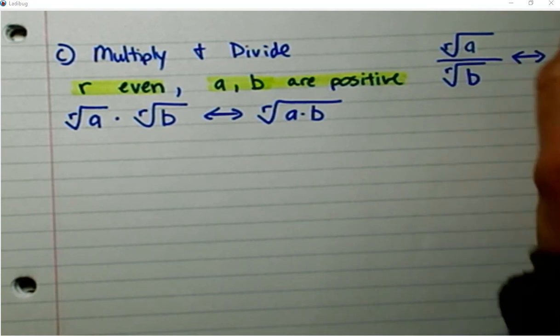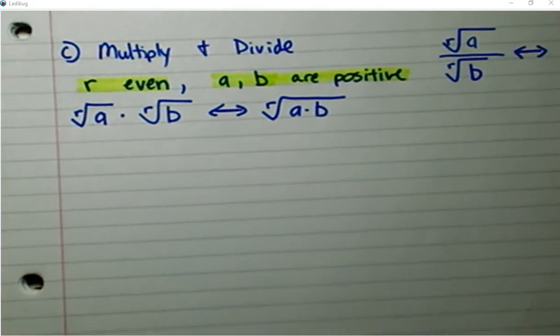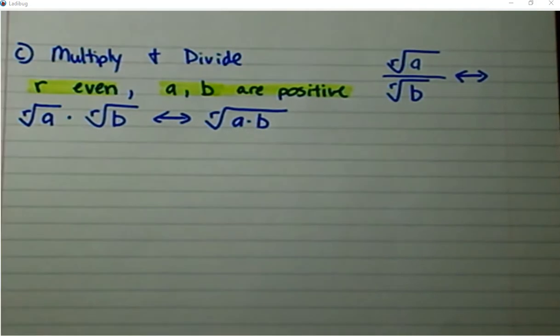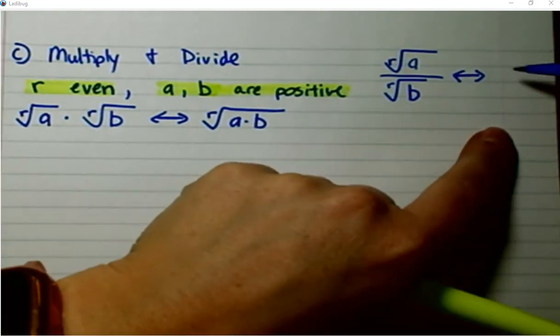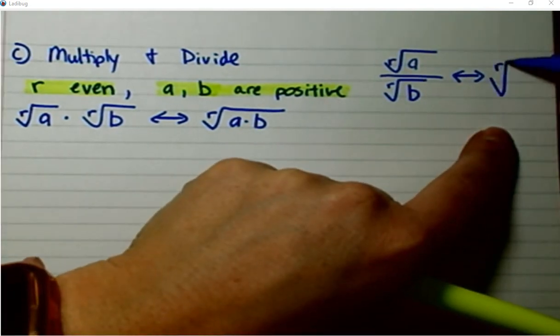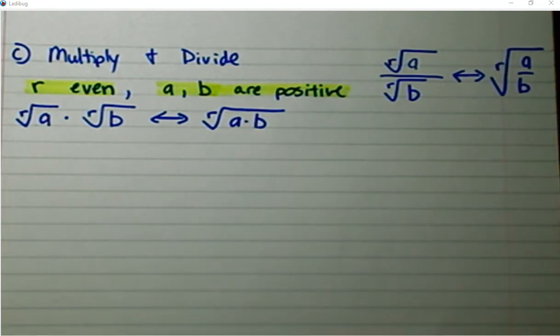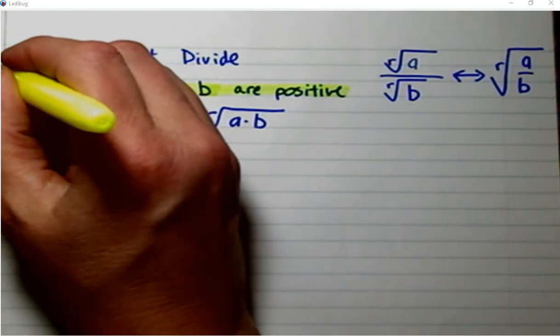Both directions, because you can either put the radicals together or split them apart. So same root, a divide b. Okay, so this is our rule.